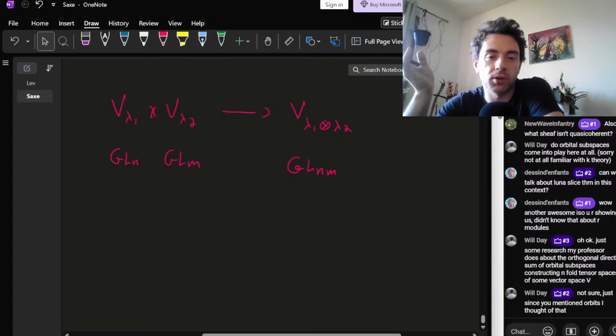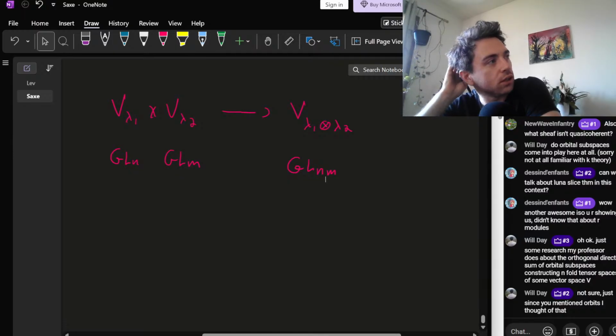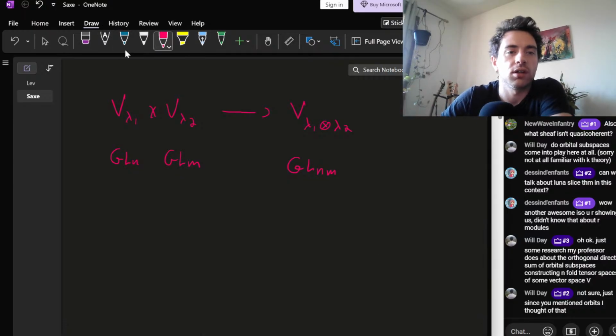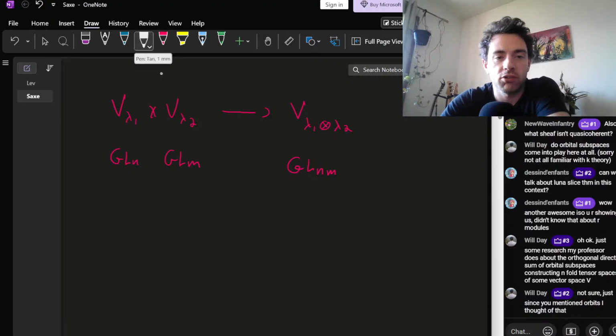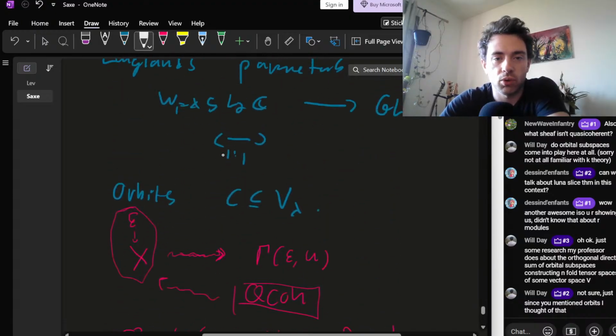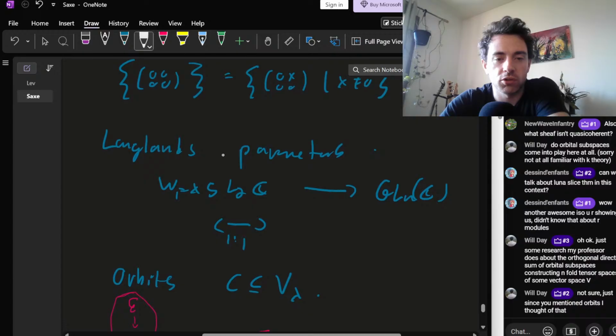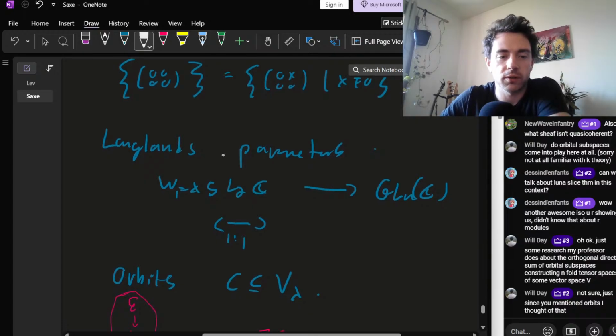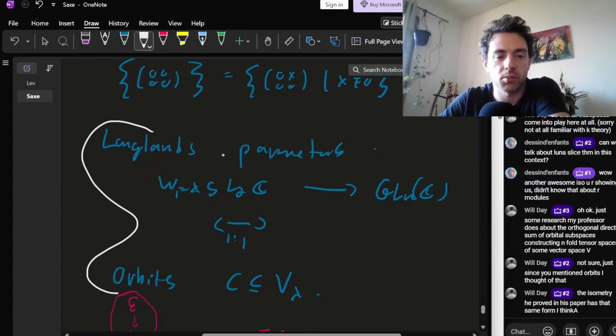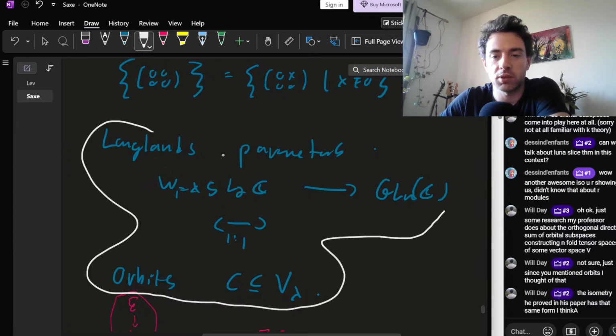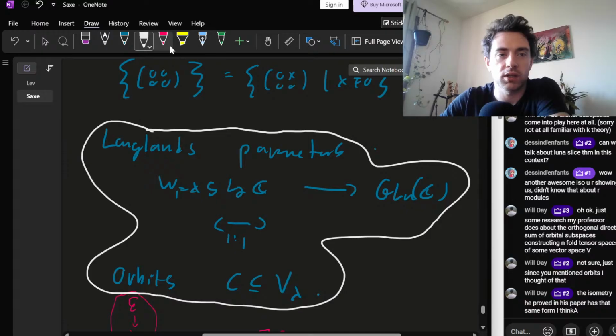But what I haven't talked about yet in this whole story is the representation theory side of things. I talked about a bijection between Langlands parameters and some orbits in some varieties. That's great because it gives us a geometric parameterization for the space.